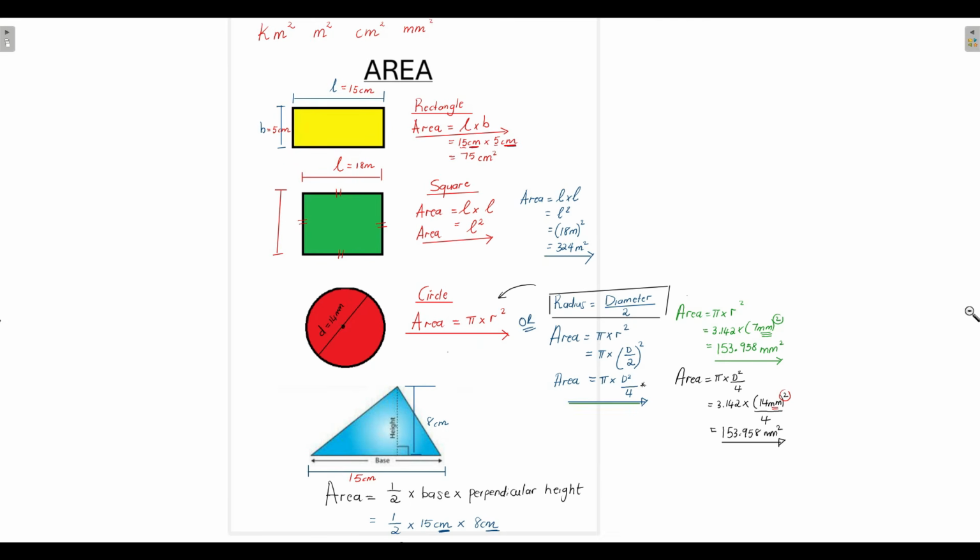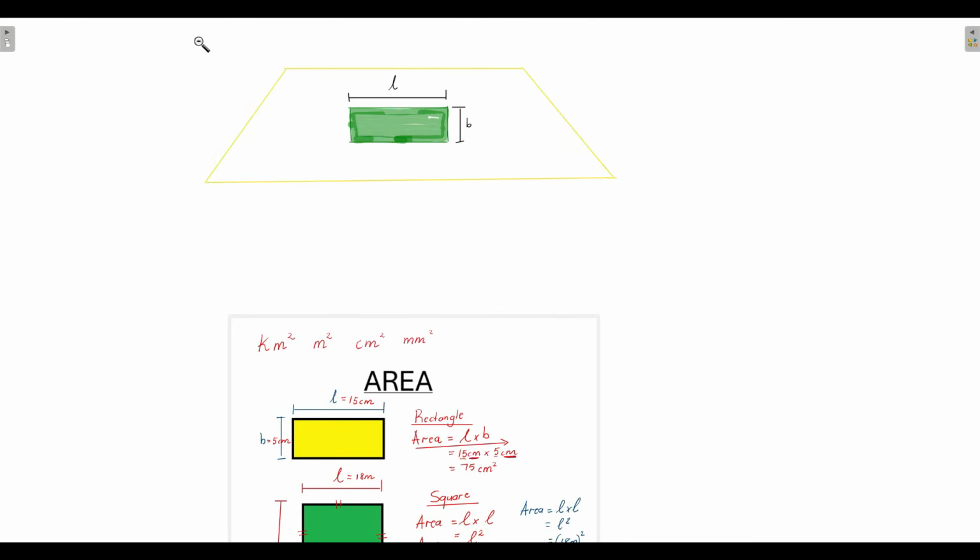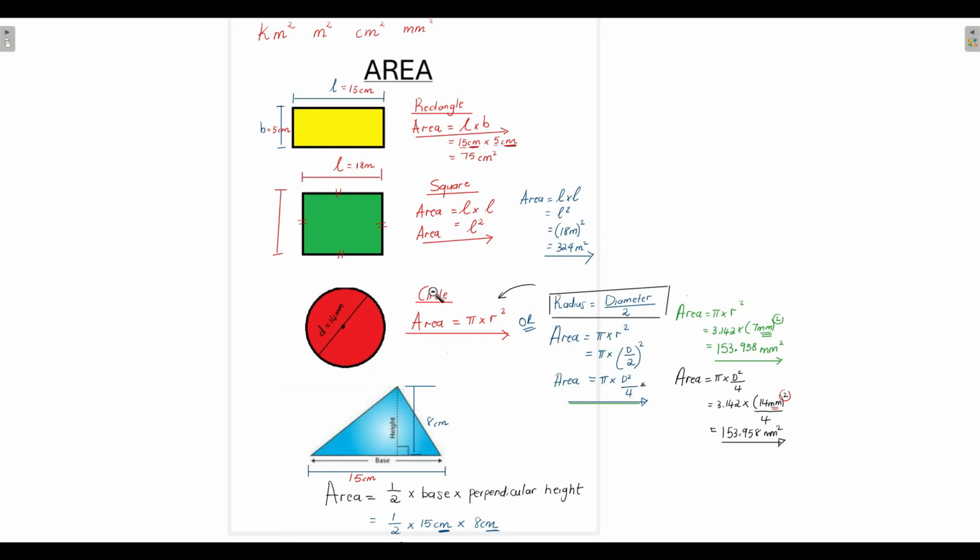When I talk about a 2D shape, I'm just talking about a flat surface, a flat shape. Think of it practically: how much space your piece of paper is taking up on your table.